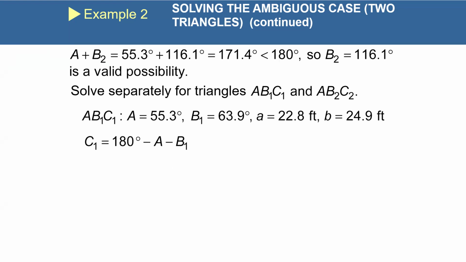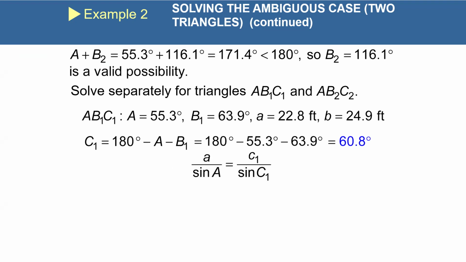You add and subtract, and you get angle C is 60.8. To find C2, your other C option, you would do the same thing. Now to find side C, you set up your ratio using the law of sines. There's only one side A, one side B, but there are going to be two B's, two C's, and two side C's.